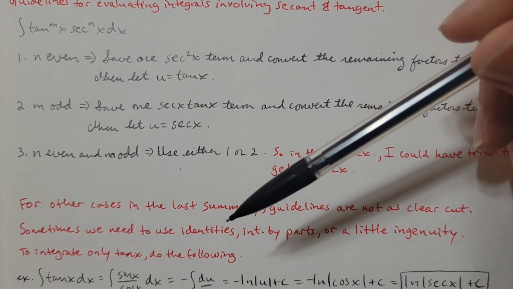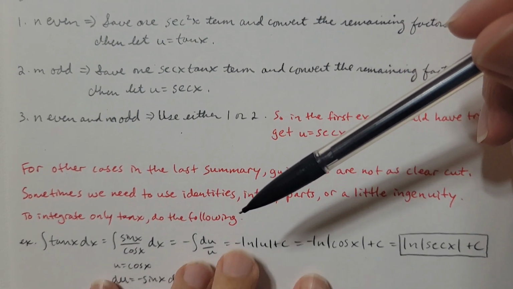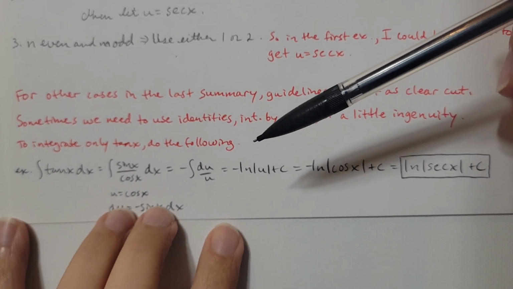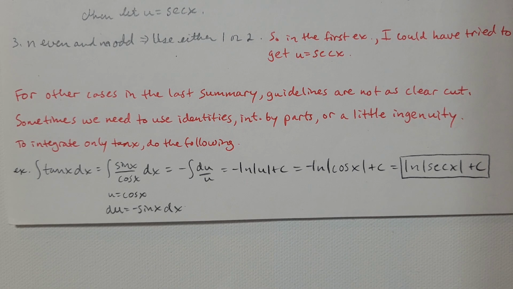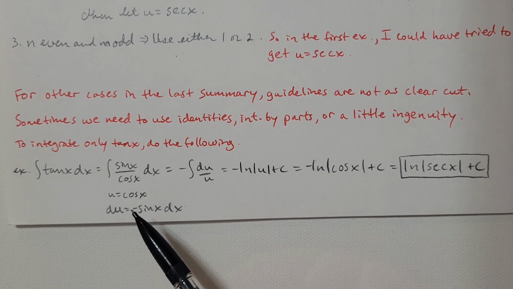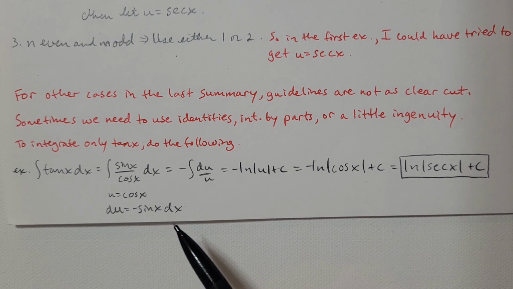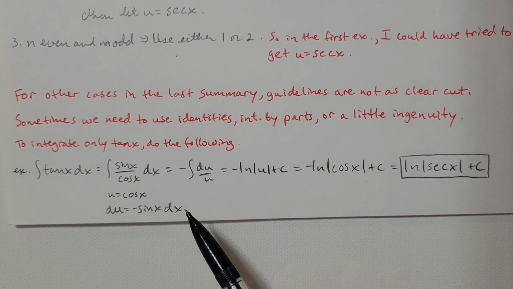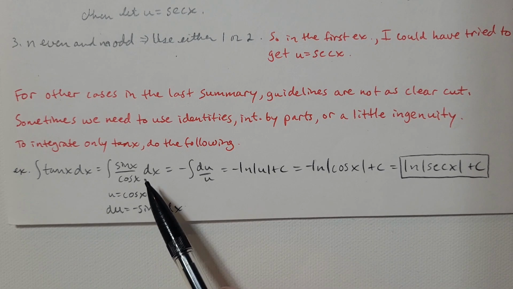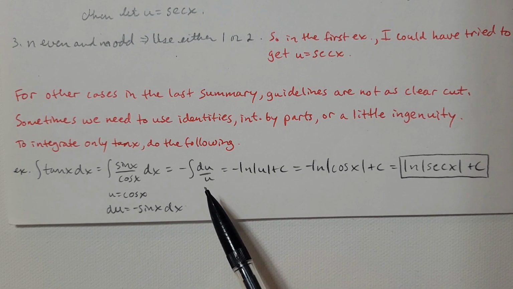Now to integrate only tangent x, you're going to do the following. Tangent x is the same as sine x over cosine x. If I let u be cosine of x, du is negative sine x dx, which I've got in the numerator, sine x dx. I'll have a negative coming outside the new integral.